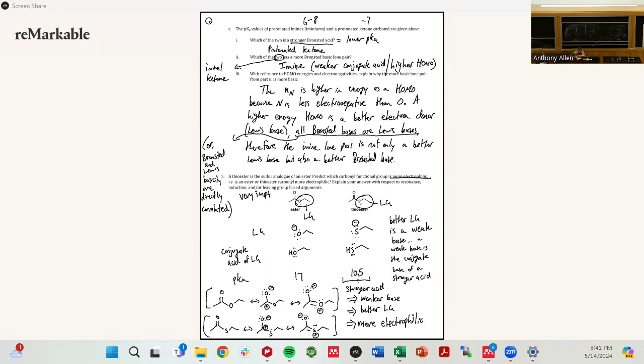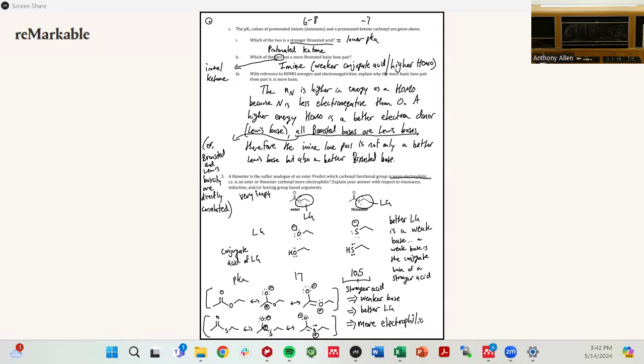An O positive or S positive? And this is going to be a little bit, not necessarily trickier, but think about the ability of lone pairs to overlap with carbon 2p orbitals when you have an oxygen versus sulfur. Oxygen lone pairs in what sort of orbital? 2p.